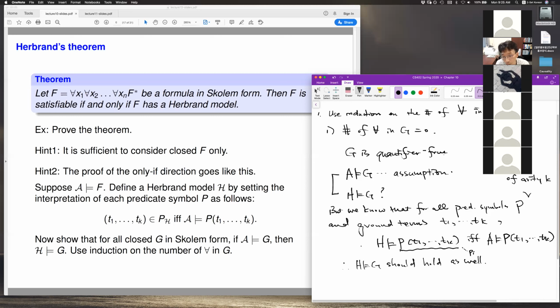And if we have a structure in that case, the only thing that matters is how the structure gives an interpretation of predicate symbols for the closed terms.